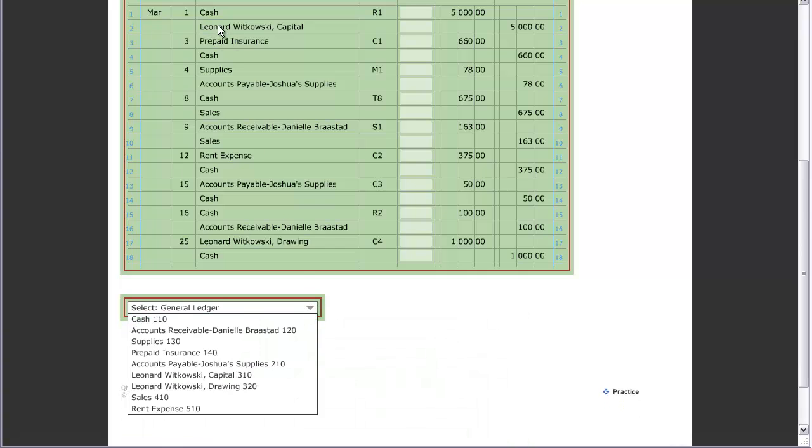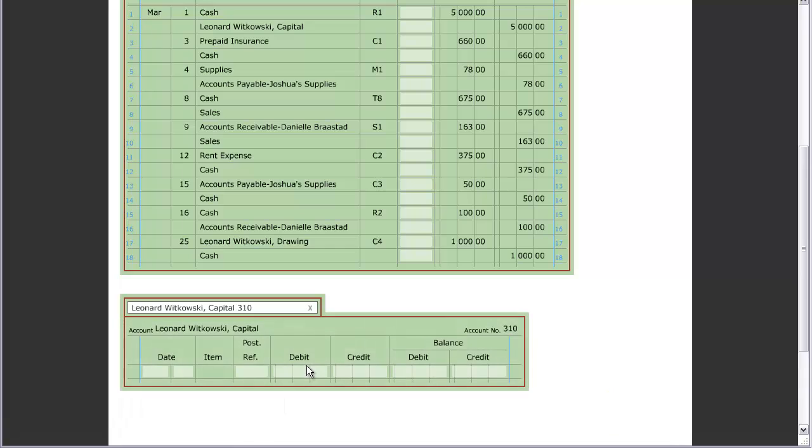So close that one. And next, on that first transaction, we're going to use capital. So go to the capital account in the ledger, and the account numbers are right here, 310 for capital, because it's an owner's equity, and all owner's equity have 300s number accounts. So the date, again, is March 1st, just like the cash.